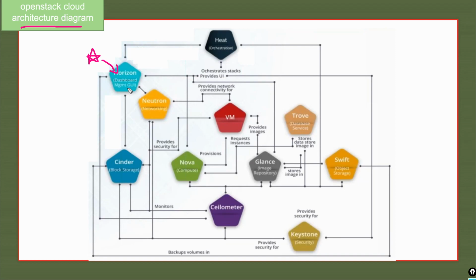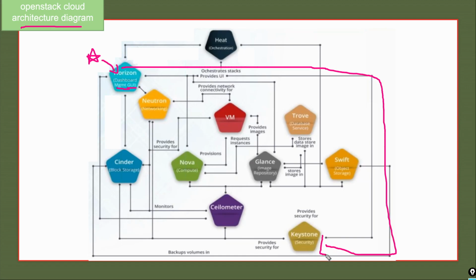The first thing, look, we have the management GUI dashboard. So we're going to use a service. The first thing is going towards Keystone for authentication. If it is okay, then you're going to go to Neutron to connect the VM. After connecting to the VM, maybe you're going to run Ubuntu.